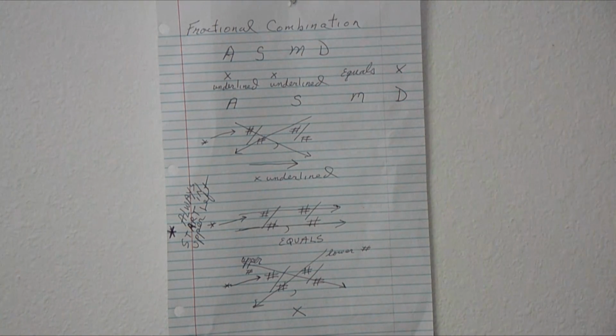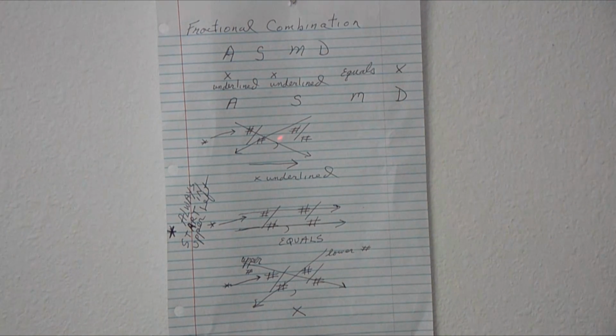Now, what's that saying? Well, there's a little note here that says always start in the upper left. Now what we're talking about is here we have a fraction, a number over a number, and then a second number over a number. And the upper left is here, and in all 4 of these, you're always starting with the upper left.